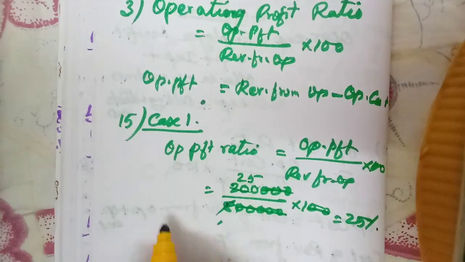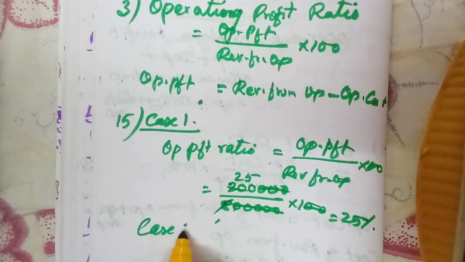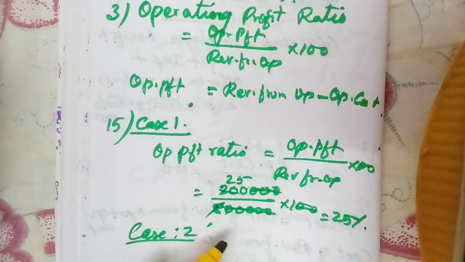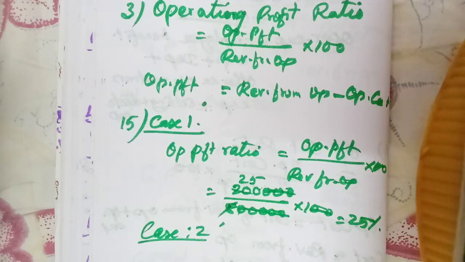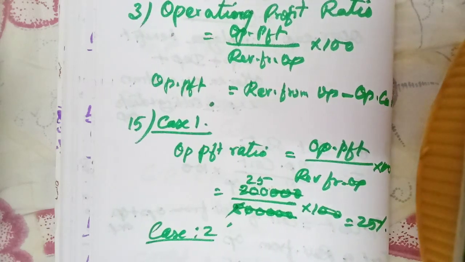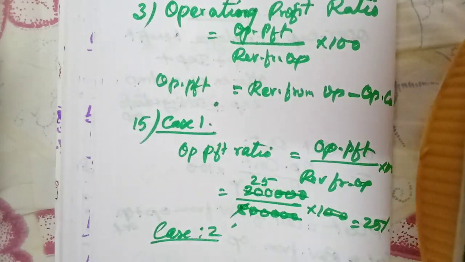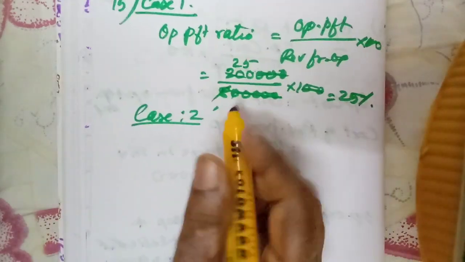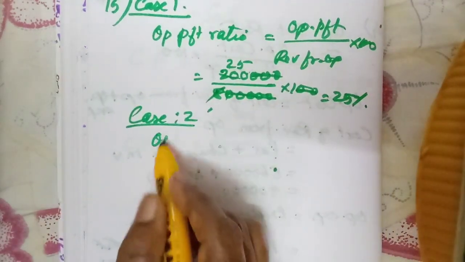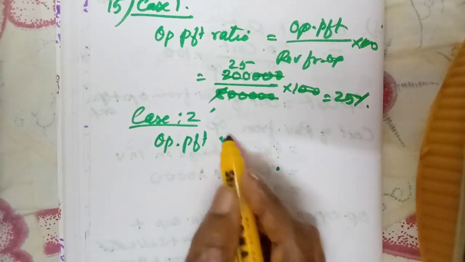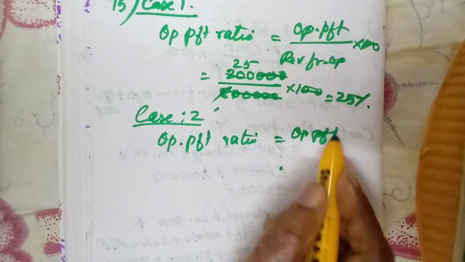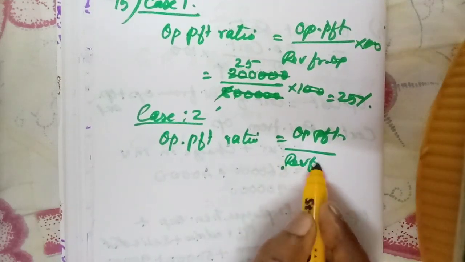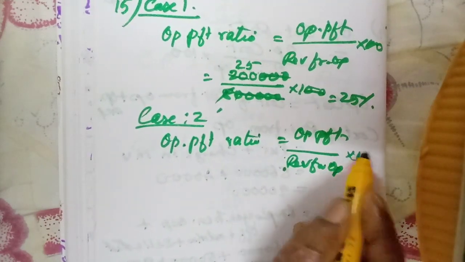Okay, case 1. Then case 2. What is given? Revenue from operation is given, operating cost is given. Here also we have to write the formula: operating profit ratio is equal to operating profit divided by revenue from operation into 100.